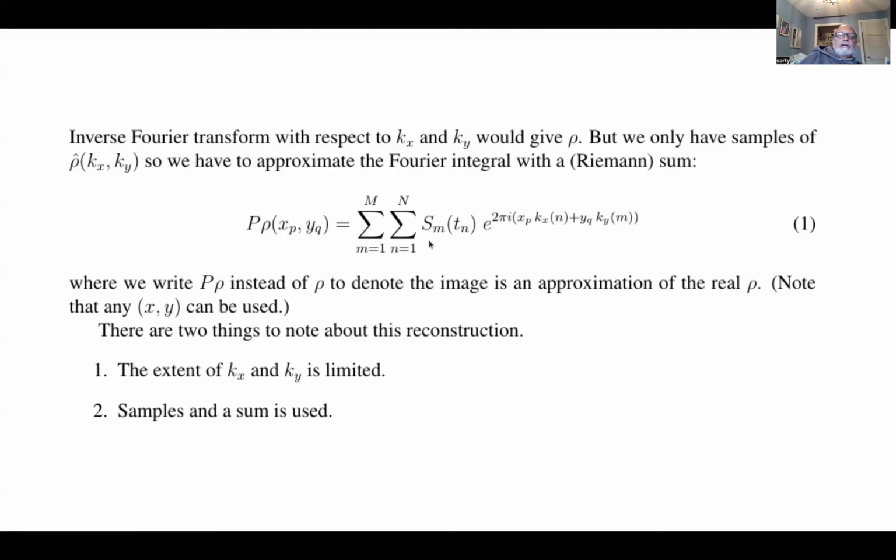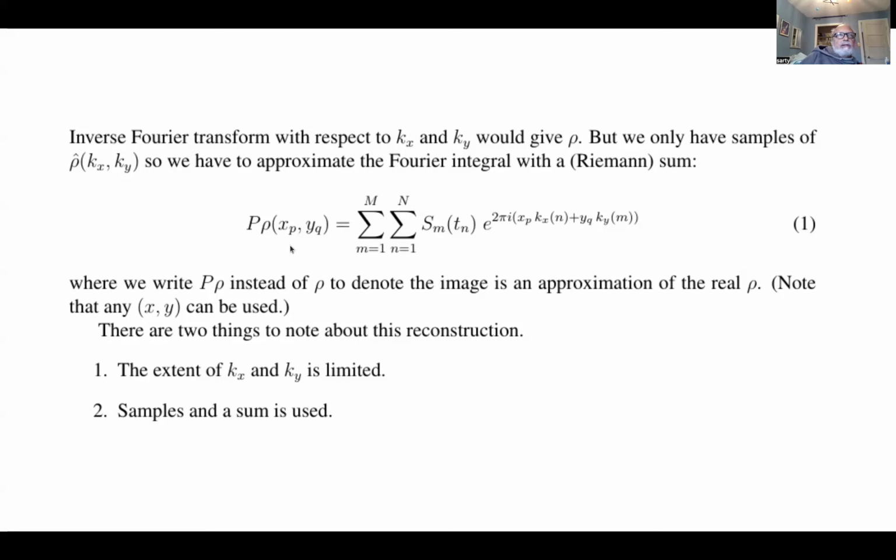A fast Fourier transform will give you the same number of image pixel points as sample points that you put into it. So if you put in a 256 by 256 data set, the fast Fourier transform gives you a 256 by 256 pixel image.